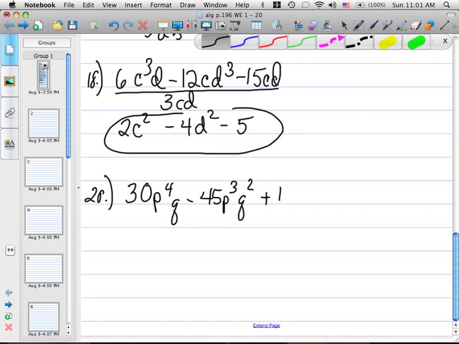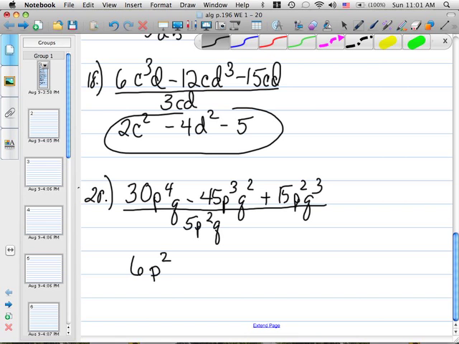Problem 20, 30p to the 4th q minus 45p cubed q squared plus 15p squared q cubed all over 5p squared q. 30 divided by 5 is 6. P squared into p to the 4th, that leaves me p to the 2nd.